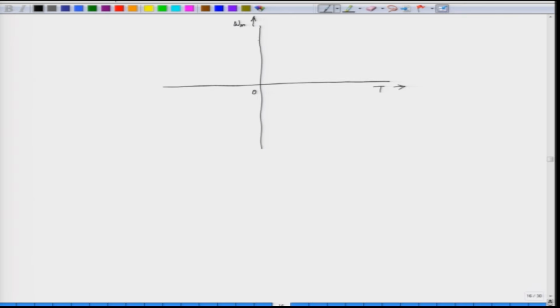Now, usually for motoring we have this behavior, and if we increase the resistance, it changes like this. But if we extend this to the second quadrant, this characteristic will be like this. Similarly, this is for a different resistance, and if we increase the resistance still further, we get it like this.